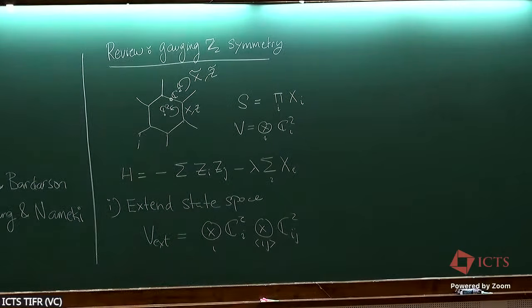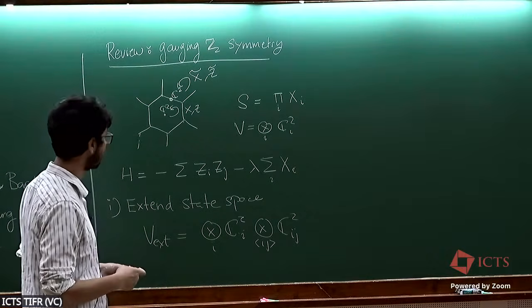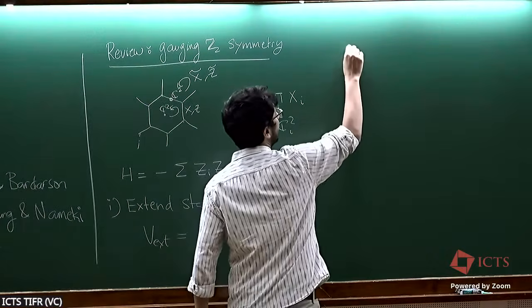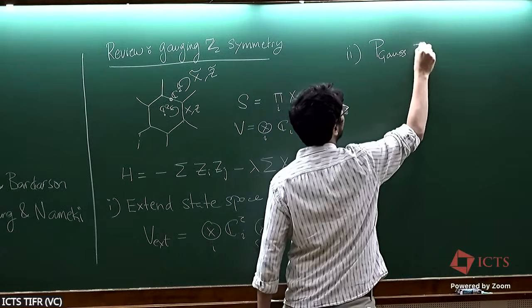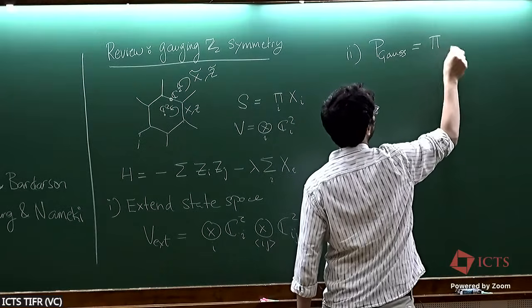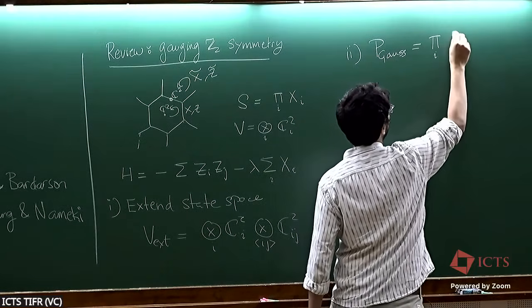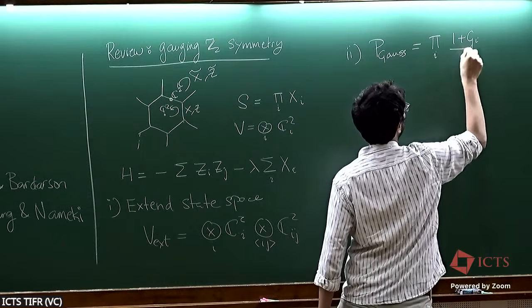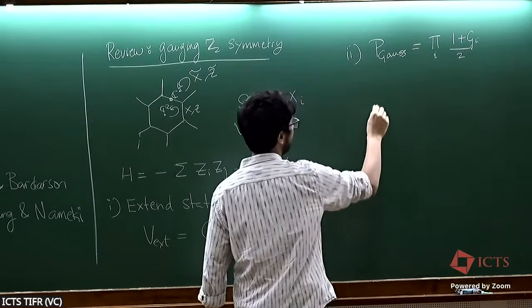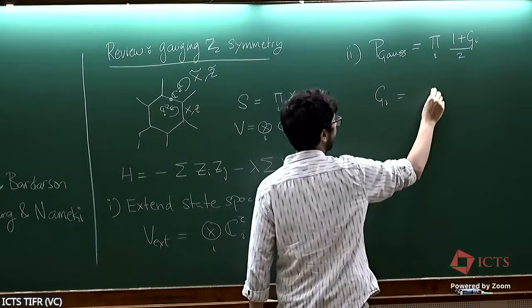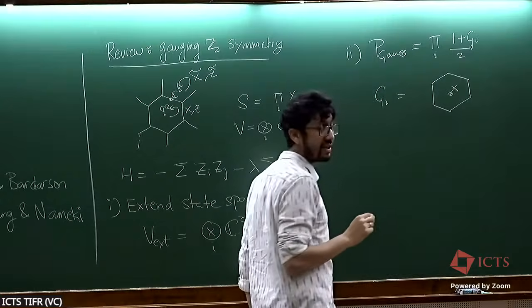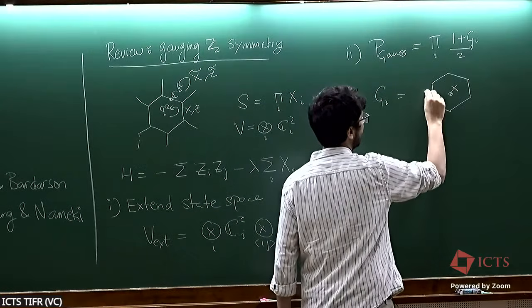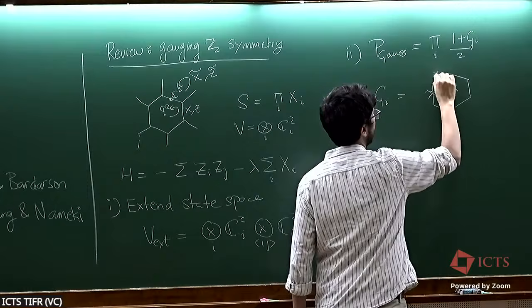And now in order to gauge the symmetry, we need to impose some Gauss constraints. So there's a projector, P Gauss, which is just the product of projectors on each site, (1 plus Gi) over 2. And Gi is just the operator that has the local representative of the Z2 symmetry, as well as X tilde.